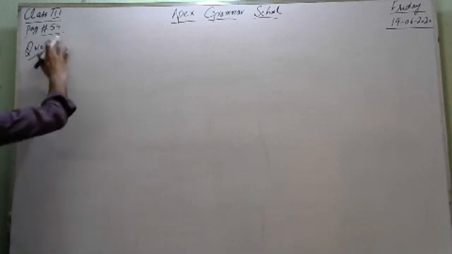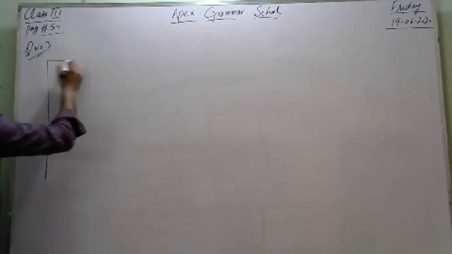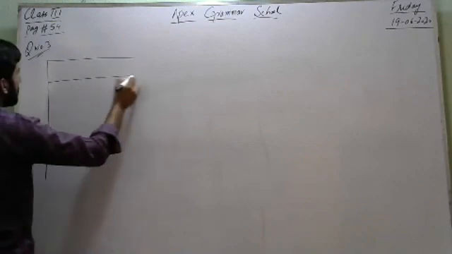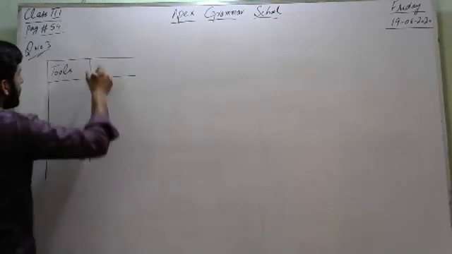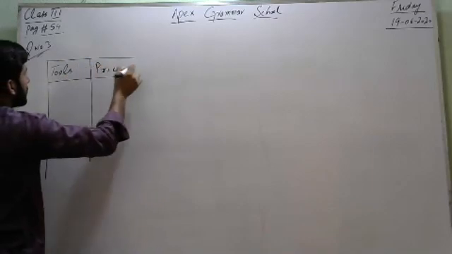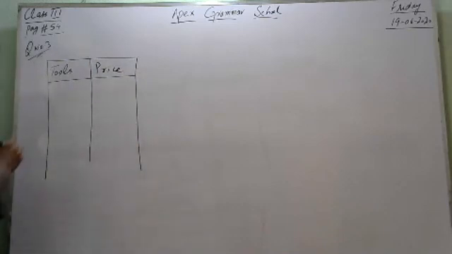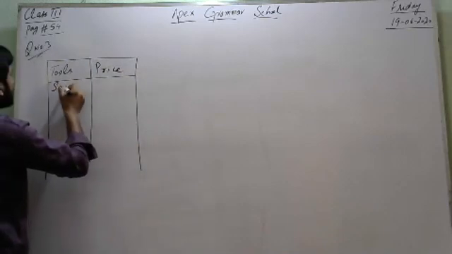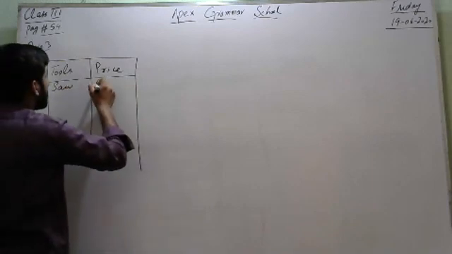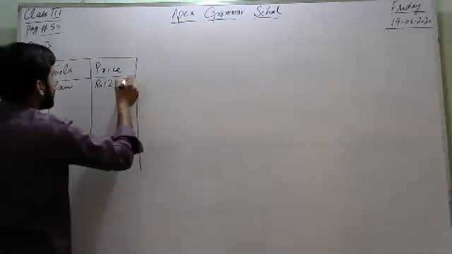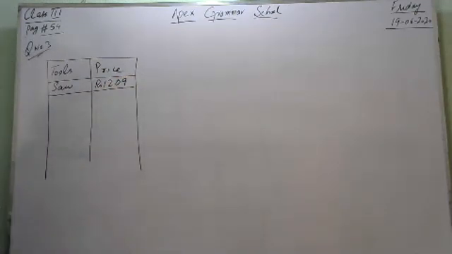Let's make a table for question number 3. Tools and price. First one is saw. Its price is 1209. Next one is plier.